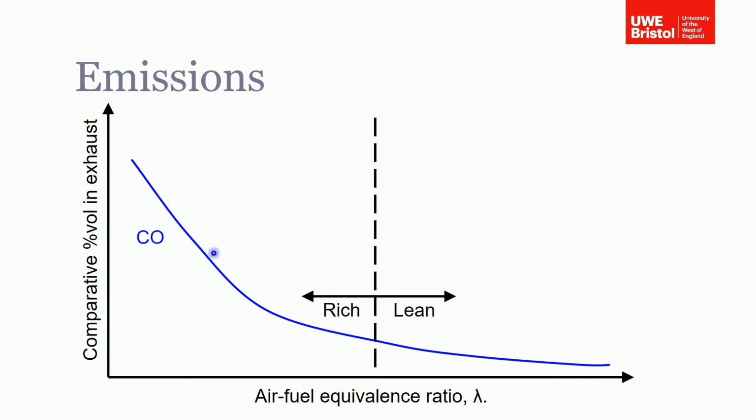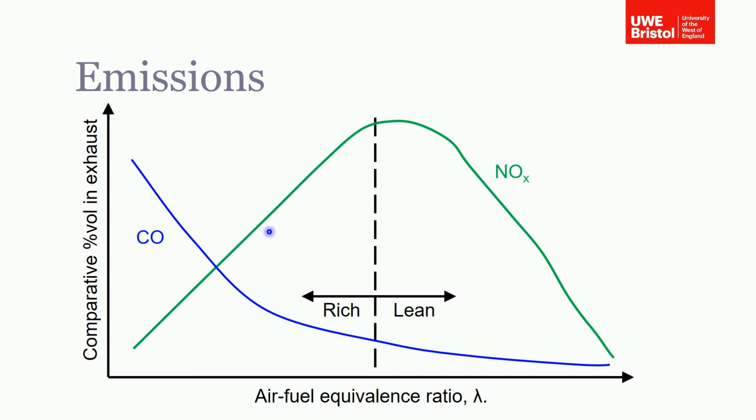Then as you start increasing the relative air concentration, the CO drops dramatically, and obviously the leaner you go, the more you keep mopping up the rest of the carbon monoxide. But essentially you have very low levels around stoichiometry, and obviously when you go fuel lean.